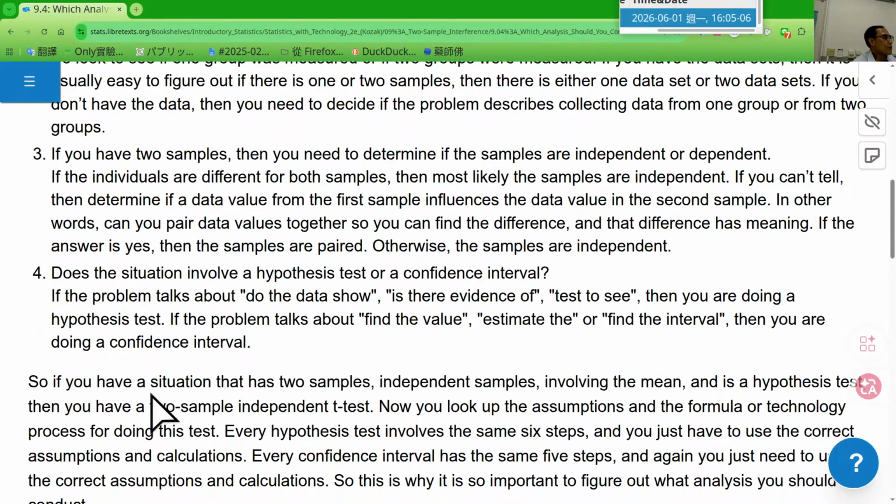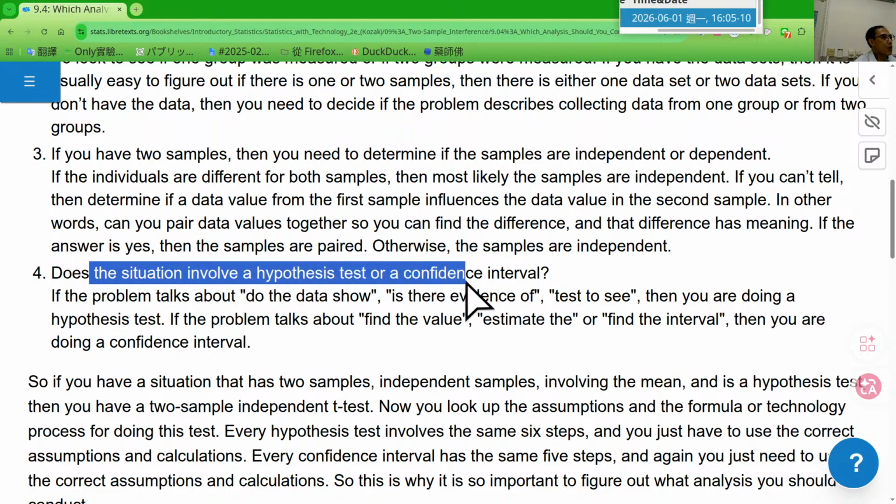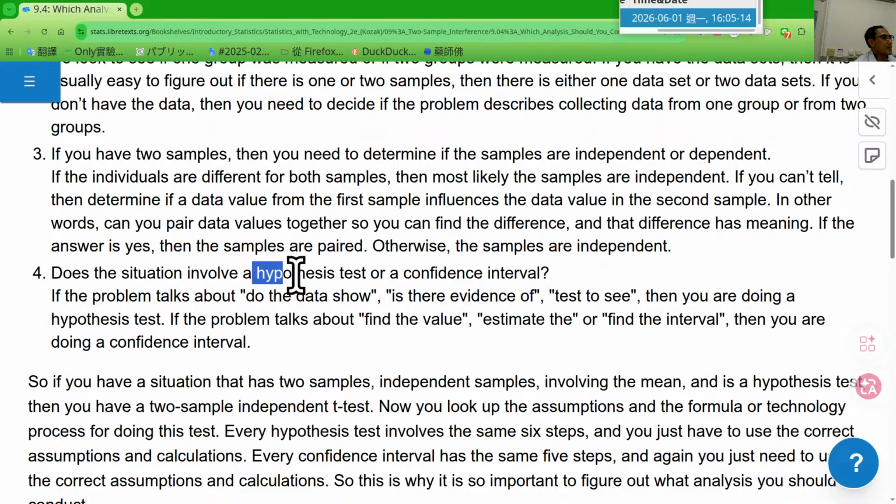And point 4, does the situation involve a hypothesis test or a confidence interval? For a hypothesis test, we always think about whether they are the same or different. Can drinking black tea lower cholesterol in our body? That is a hypothesis test. And what is a confidence interval?